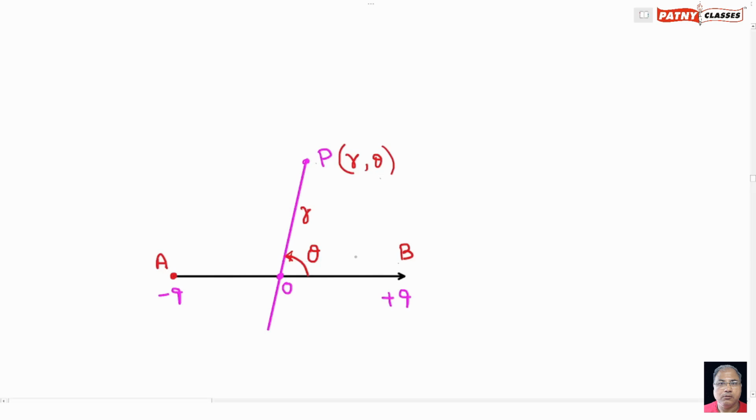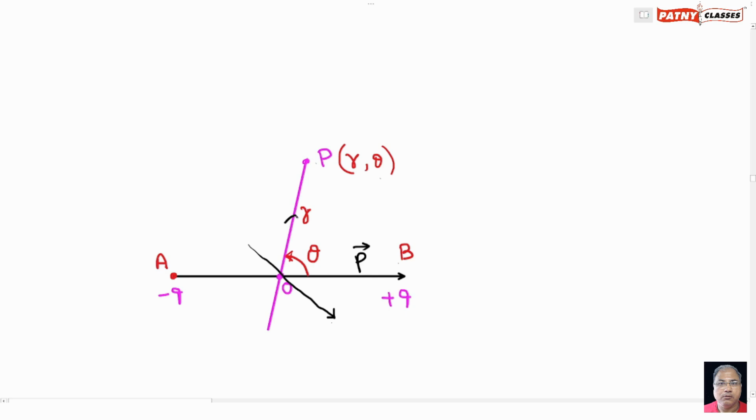Now resolving this dipole moment into two rectangular components, that is along OP and along a direction perpendicular to OP. So we are getting components of dipole moment along OP and perpendicular to OP.